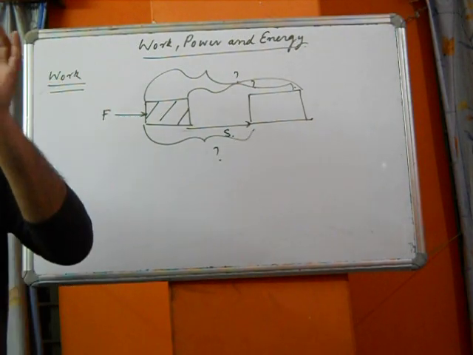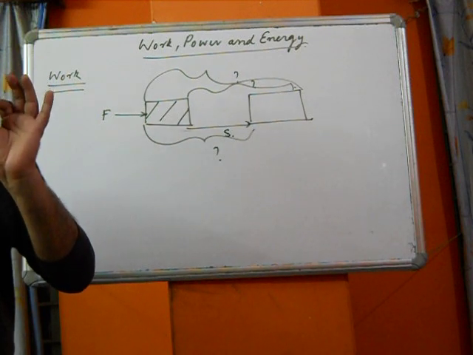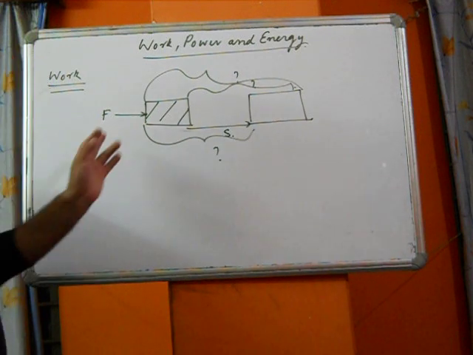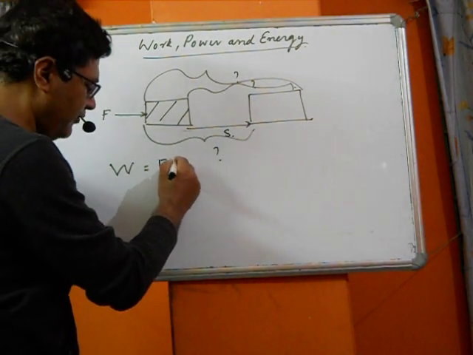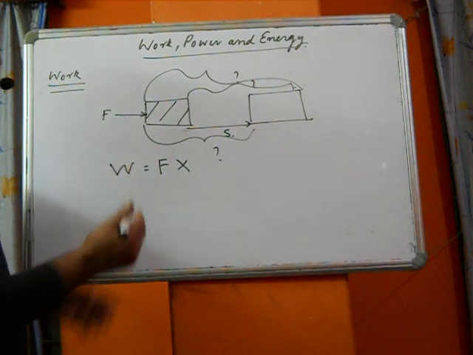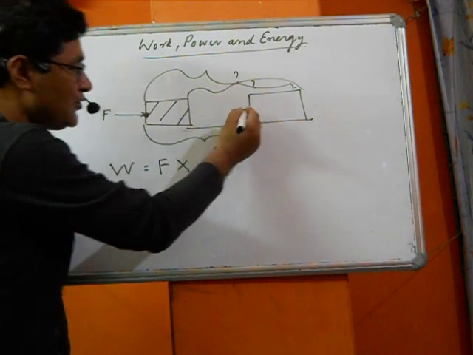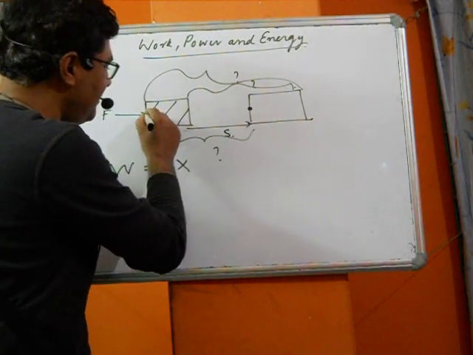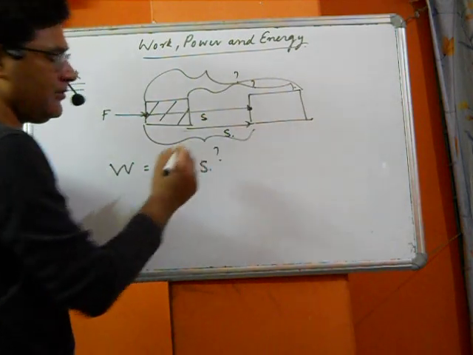We will say the amount of work done by a force is equal to the product of force and the displacement of what? Displacement of point of application of force towards the direction of force. That means from here to here.